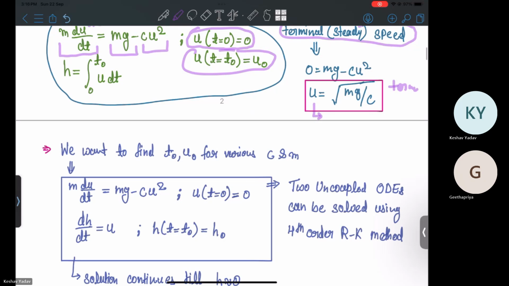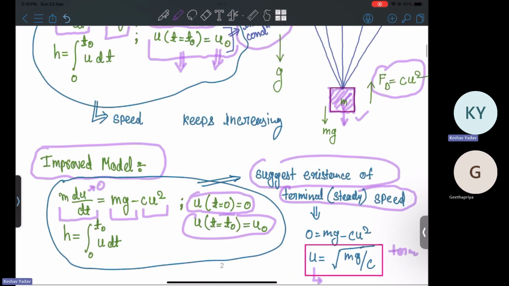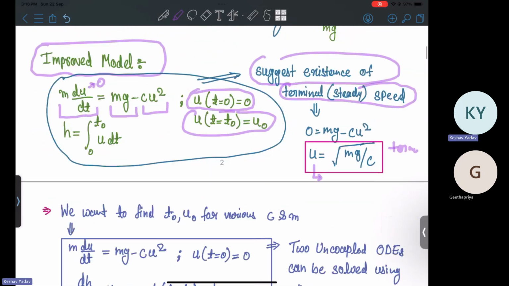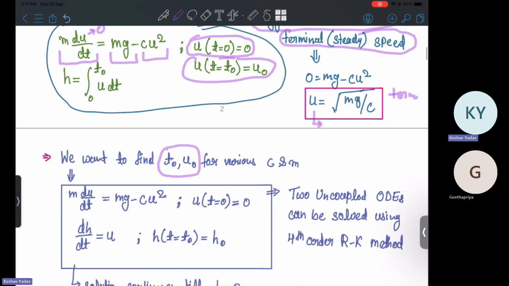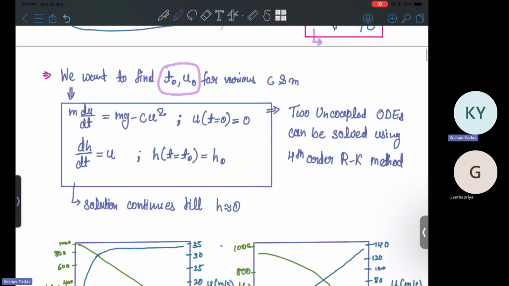Suppose whatever the payload delivery problem we have, we wish to solve this problem numerically. What we want to find is u naught at various t naught. So this problem can be converted into a system of ordinary differential equations.